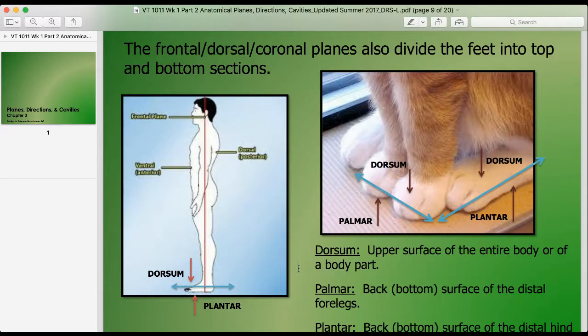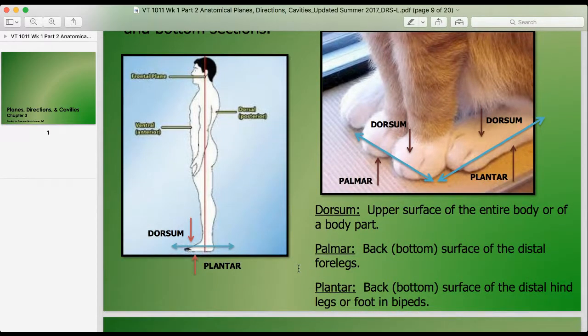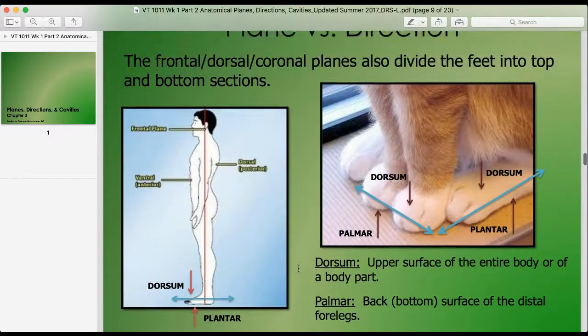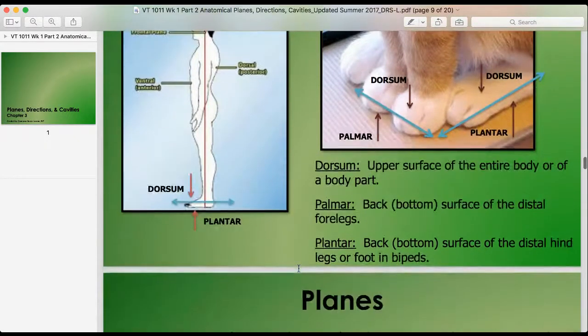So if you're looking at a foot, the dorsum is as the arrows show it, and then in the front feet, it would be palmar, as in palms of the hand, and that would be the bottom of the front feet. And the plantar is the bottom of the back feet on our quadrupeds, and plantar, of course, on our bipeds for our bottom feet. So terms to understand: dorsum and palmar and plantar.